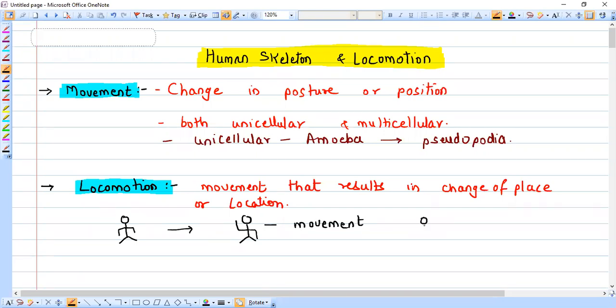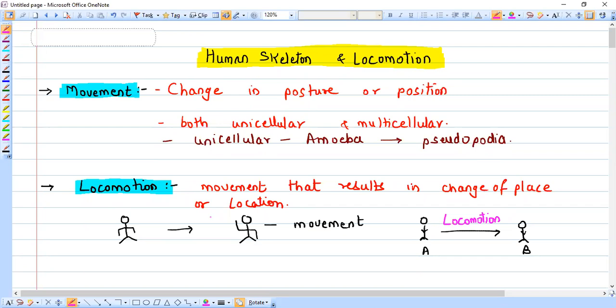But if this boy moves from position A to position B, then I can say that this boy is showing locomotion. So movement is nothing but change of posture at a particular place. The body is not getting displaced from one place to another. But when I talk about locomotion, it results in change of place or location.